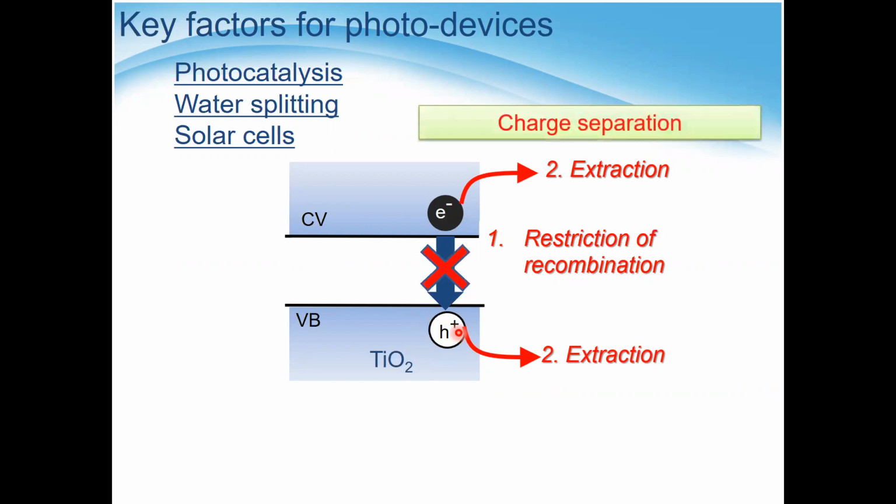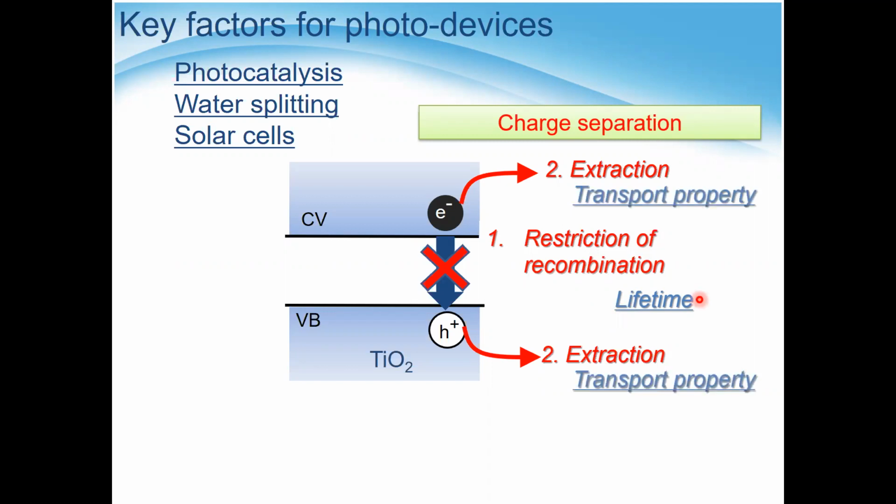So to utilize these charge carriers efficiently, the charge separation method is important. We have to separate electrons and holes. And to understand this process, we need to know the properties of the lifetime and the transport properties of electrons and the holes.